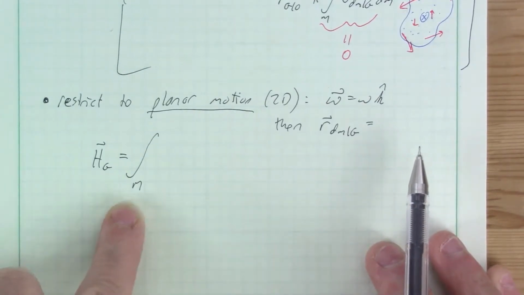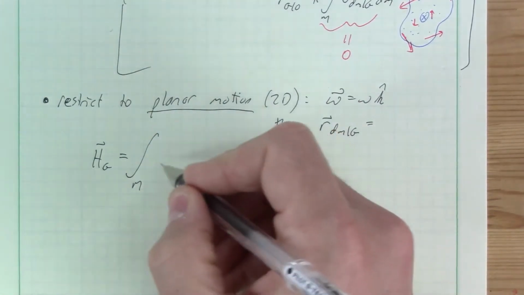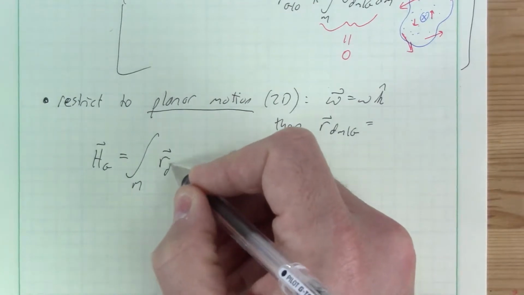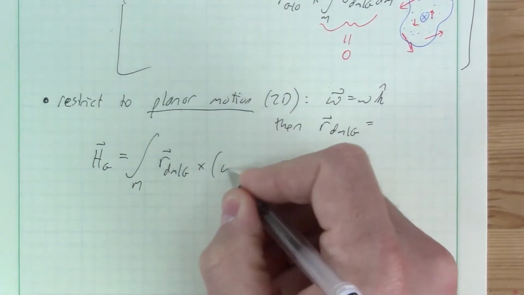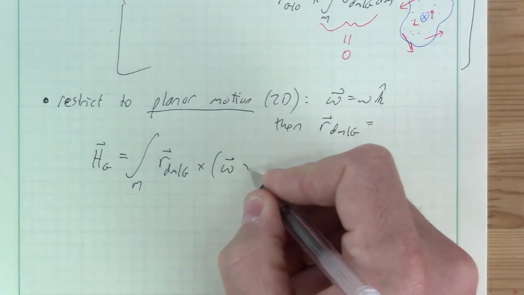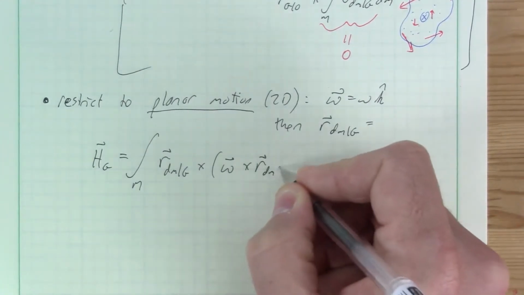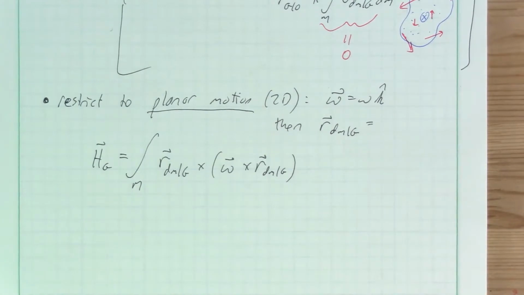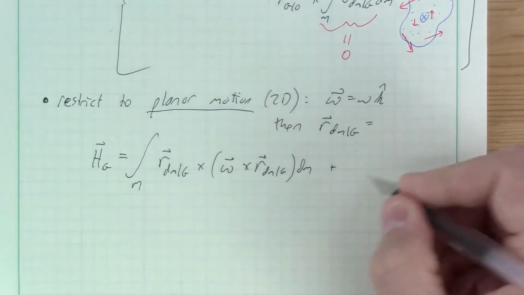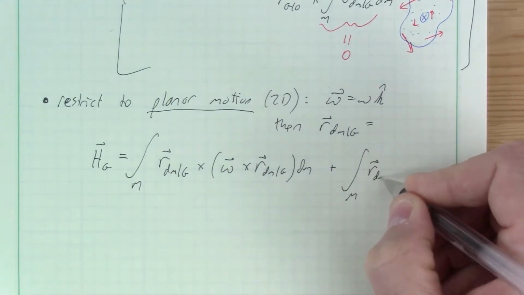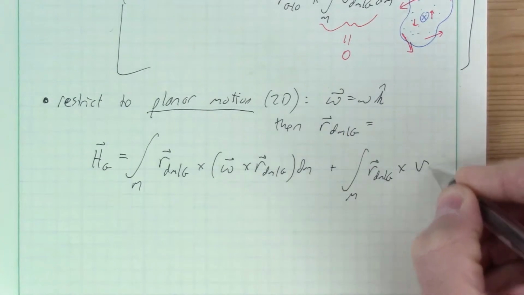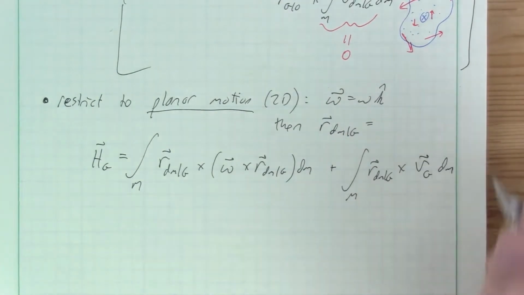So this now is the position vector of dm from g crossed into that relative velocity, omega cross r dmg, dm, plus, and I'm switching the order here, plus m r dmg crossed into the velocity of g.